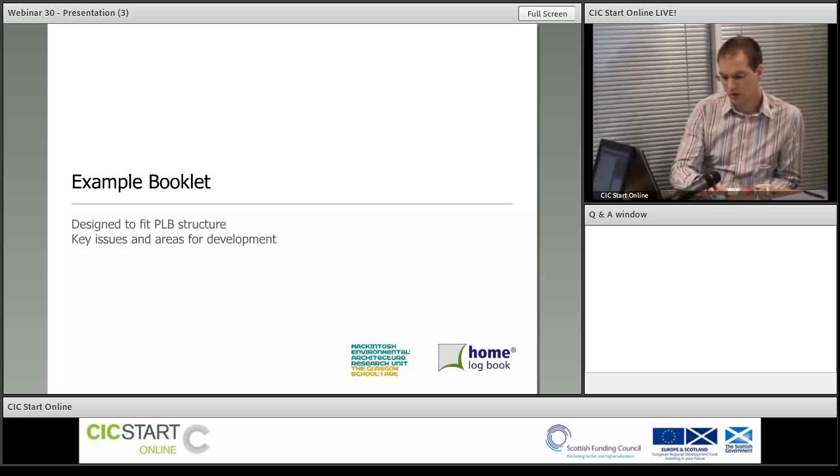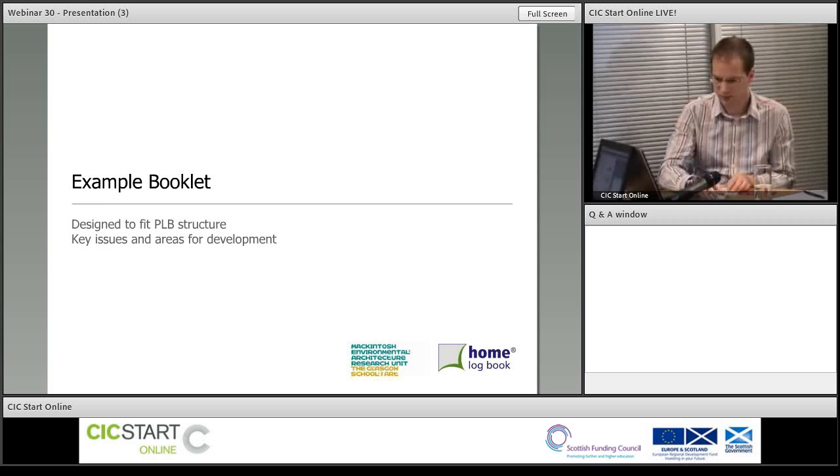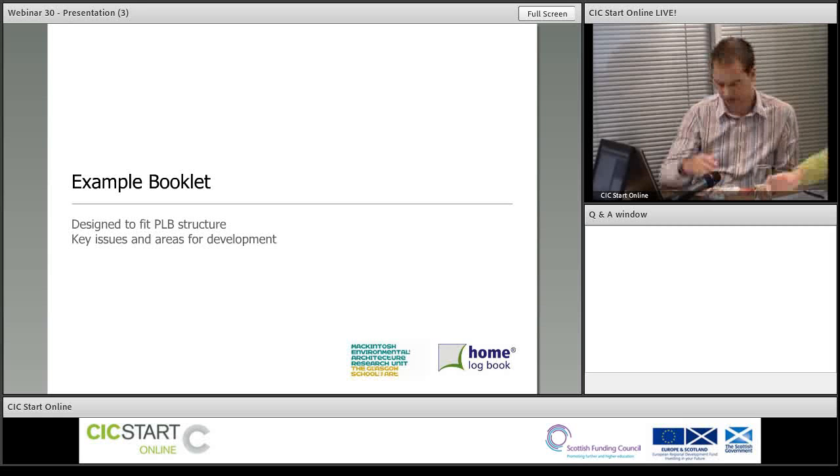So we already had from the Scottish Government template an example booklet that we had proposed and some design guidelines for that. So we tried to follow those design guidelines as far as possible.